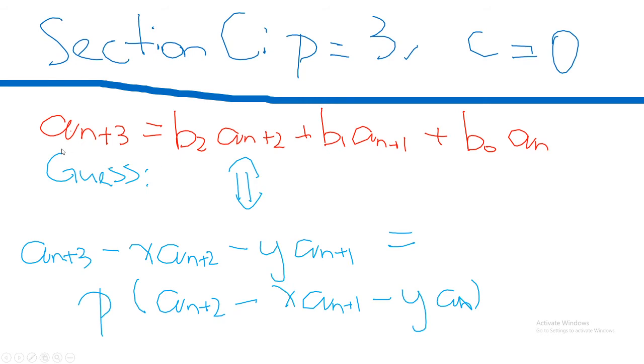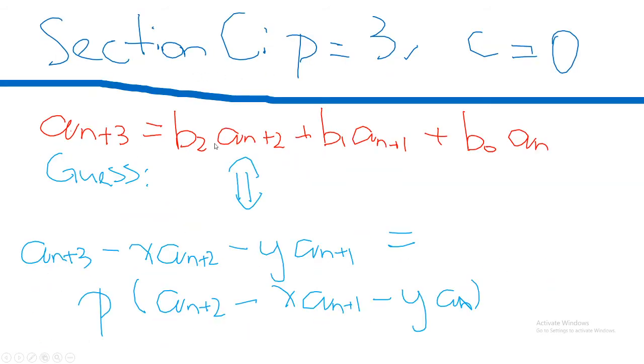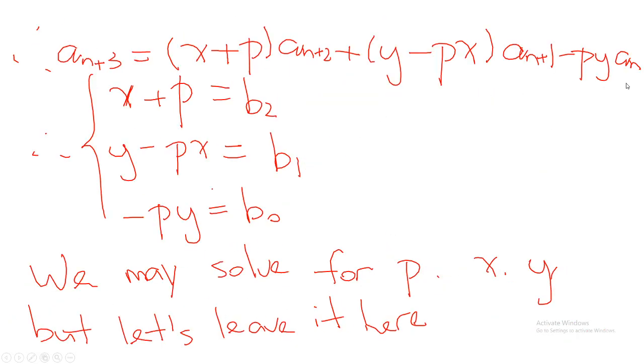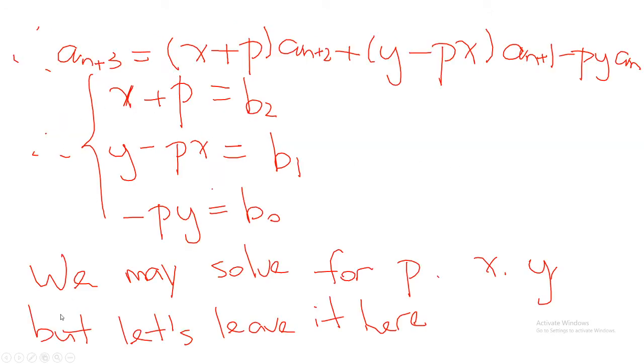But we also have this equation. So this is identical to B2. This is identical to B1. And this is identical to B0. So we can get a set of equations: x plus p is B2, y minus px is B1, and minus py is B0. We may solve for p, x, and y, but let's leave it for now.